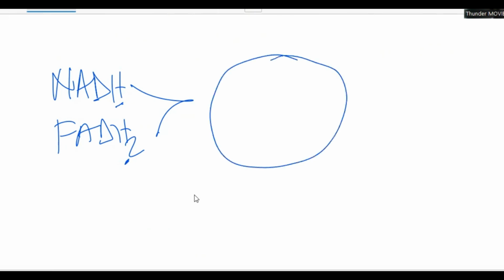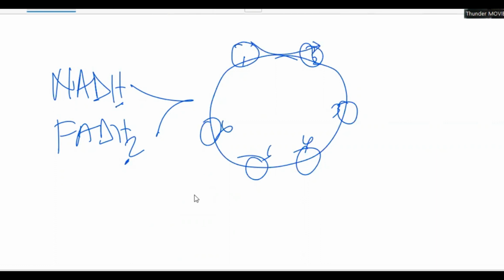Now, when it enters there, it undergoes a chain of reactions whereby there is electron transfer. So, for example, if all these are hydrogen acceptors, 1, 2, 3, 4, 5, 6, let me show you what happens. This hydrogen acceptor gives it to this, and this gives it to this.